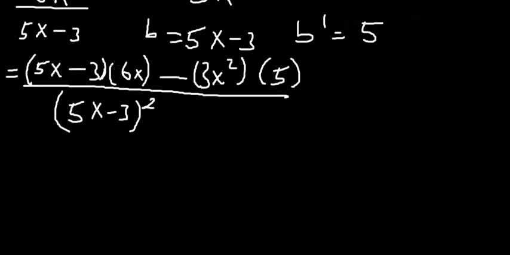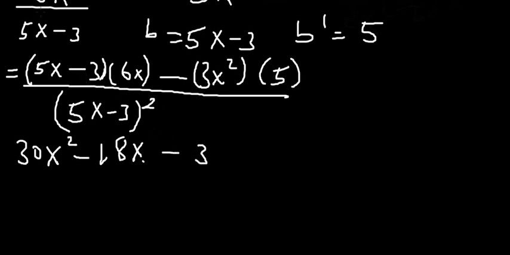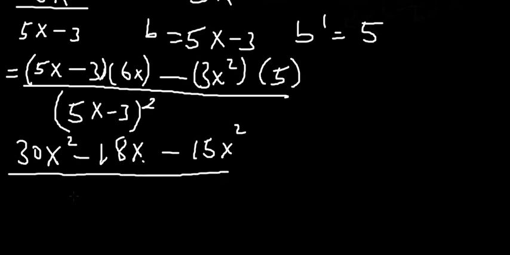Let us first start with the numerator. So in the numerator, we are going to have 30x squared minus 18x, and then, okay, let me write this properly. So minus 30, not 30, but 15x squared, all over 5x minus 3 squared.